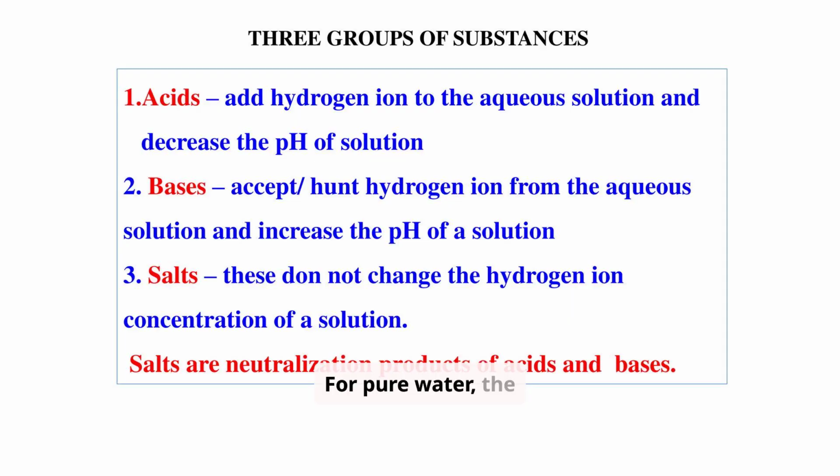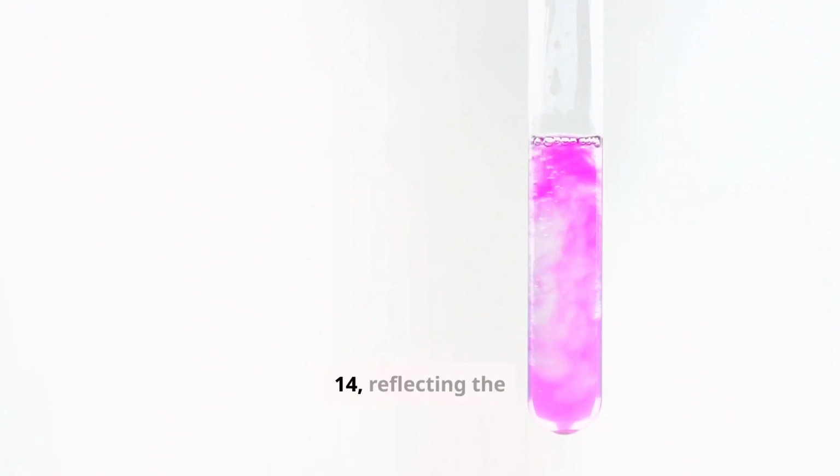For pure water, the pH is 7, indicating neutrality. Similarly, the pOH, which represents the negative logarithm of the hydroxide ion concentration, is also 7. The sum of pH and pOH is always 14, reflecting the inverse relationship between hydrogen and hydroxide ion concentrations.